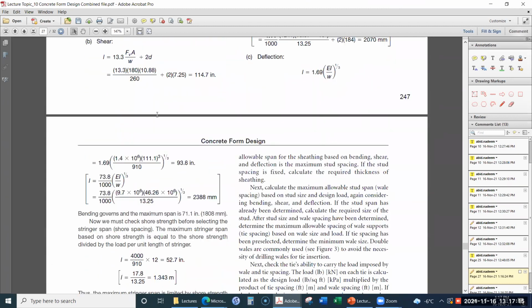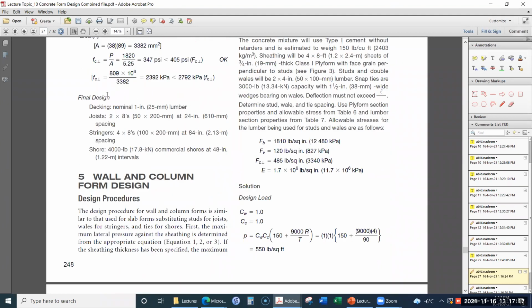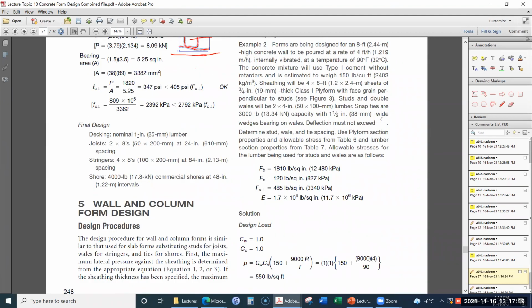So the final design is that the nominal decking will be 1 inch, 25 millimeter lumber. The joists will be used at 610 millimeter spacing, the stringers at 2.13 meter spacing, and the shores at 1.22 meter interval. These are the final design parameters which can be calculated.